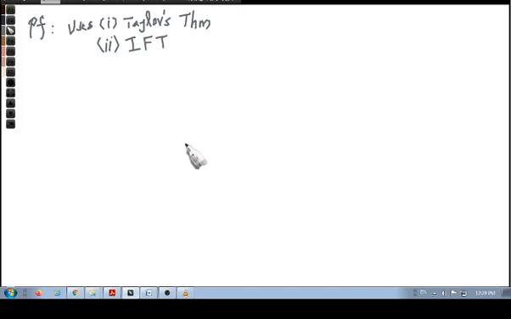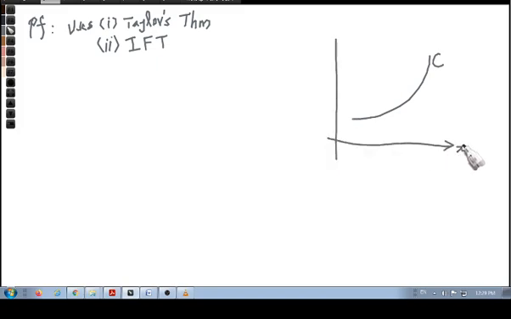So I'll draw a figure. Suppose that this is the level curve C. You have the coordinate axes, x-axis, y-axis. Here is the point P, (x0, y0), and I want to parameterize this.